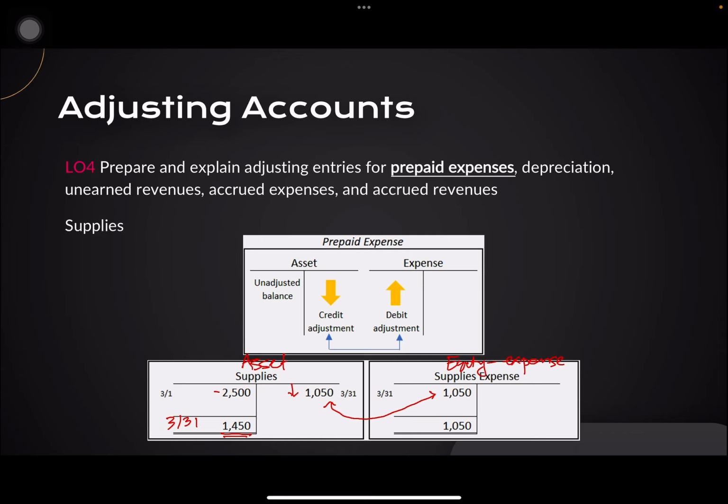Then the answer here would be $1,050 because that was the consumed amount for the month of March. Again, this type of transaction that we just exercised is under the direct usage.